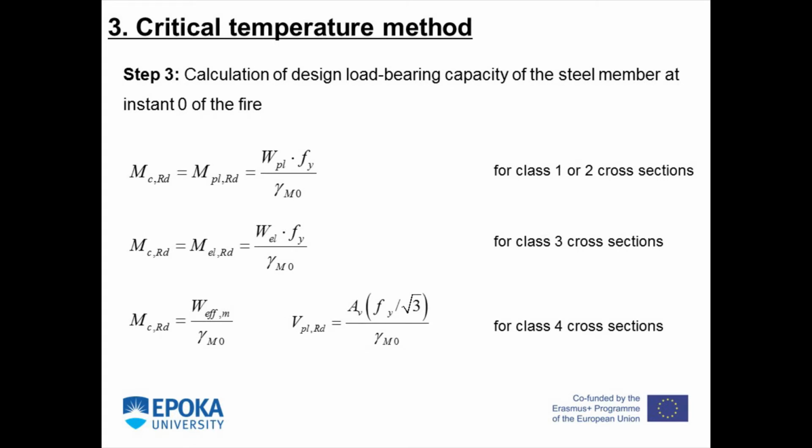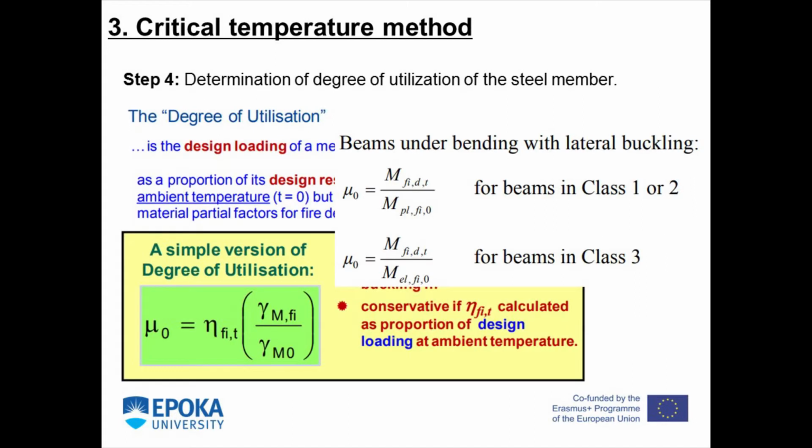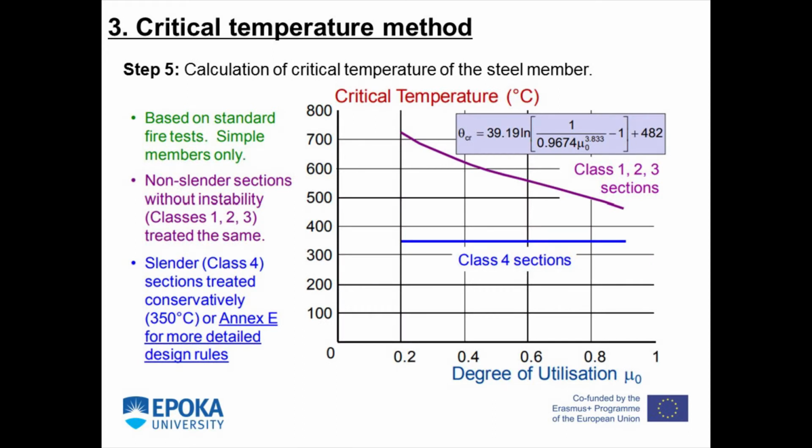Step 3. Calculation of design load bearing capacity of the steel member at instant t equal to 0 of the fire. Step 4. Determination of the degree of utilization of steel members. Step 5.